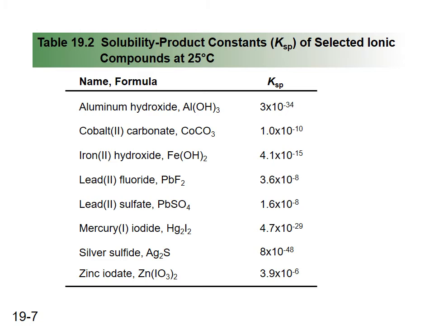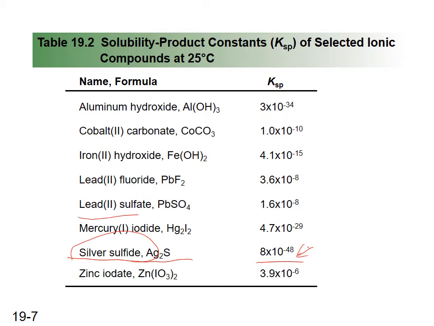This table shows solubility product constant of selected ionic compounds. Silver sulfide, for example, Ksp is 8 × 10⁻⁴, and this is a very small number indicating silver sulfide is very insoluble in water.